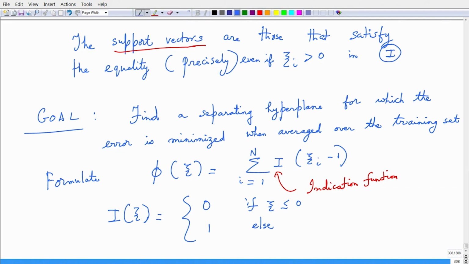So, this is our error, because zeta I, if it is 0 to 1, this quantity is going to be negative. When it is greater than 1, there is no problem, and between 0 and 1 we have this issue where we have points that are lying on either side of the decision boundary, and that leads to misclassification.